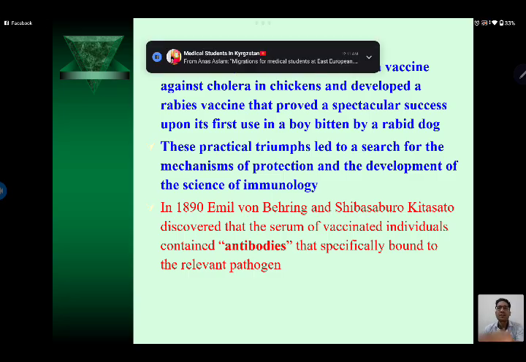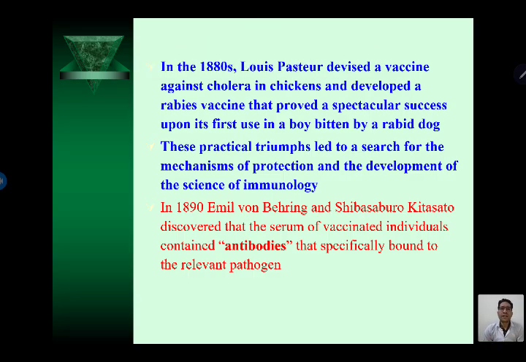In 1880, Louis Pasteur devised a vaccine against cholera in chickens and developed a rabies vaccine that proved a spectacular success upon its first use in a boy bitten by a rabid dog. These practical triumphs led to the search for the mechanism of protection and the development of the science of immunology.